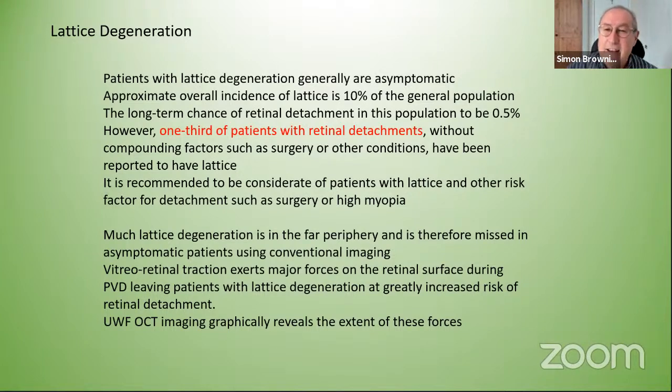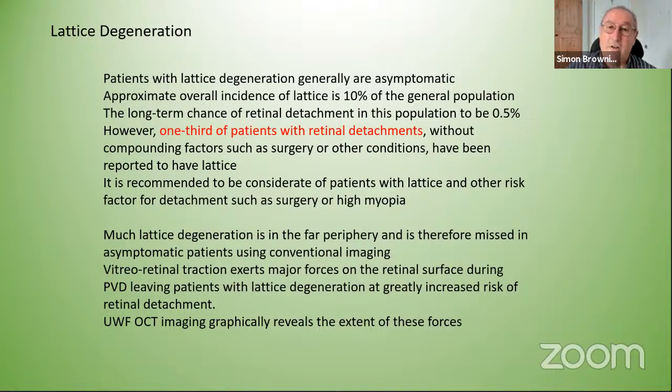But the really, really important thing out of all of this is one third of patients with retinal detachments and no other compounding factors are shown to have lattice degeneration. So that is a really high number. And so, lattice degeneration is a big, big issue for optometrists to be spotting.